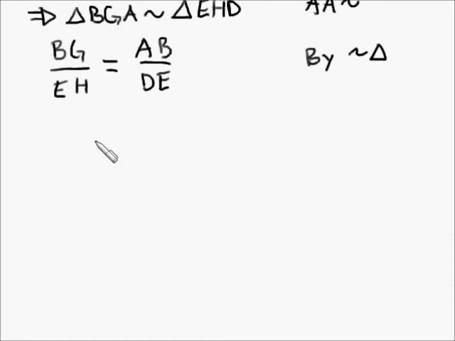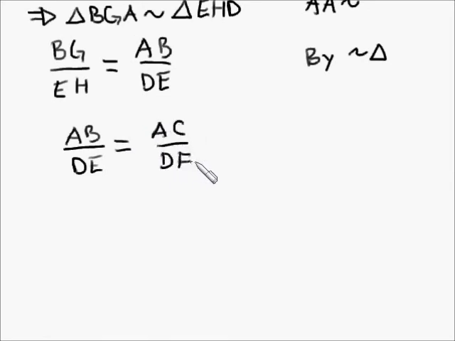Well, if they're similar, then the ratio of side AB over DE is equal to the ratio of AC over DF. This is by similar triangles. This was given to us, and this one we proved. So this was proven versus given.